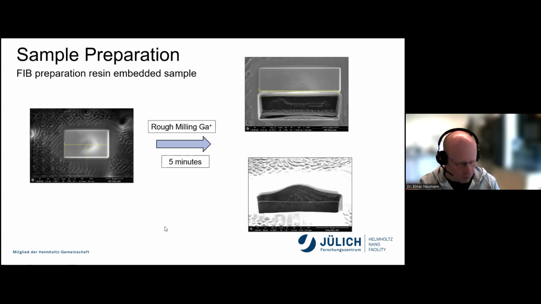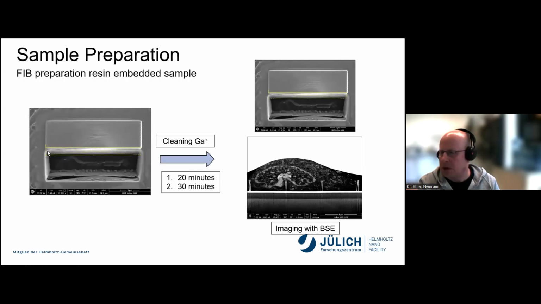After that, we start a couple of cleaning processes with a very small current, in order to clean the surface several times until we first get a nice surface, and second reach the point of interest where we can see both the cell and the structures inside.